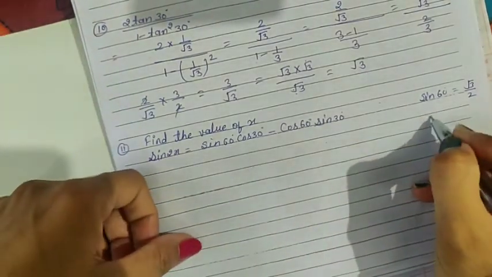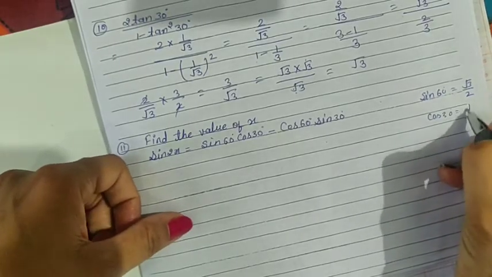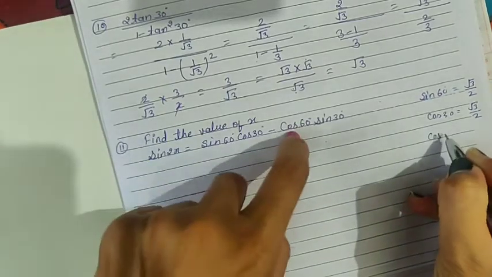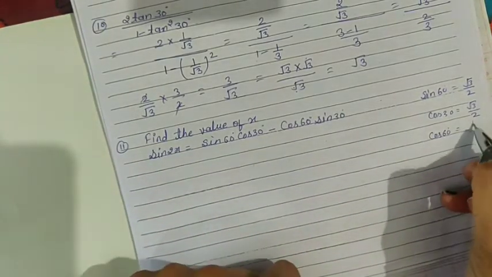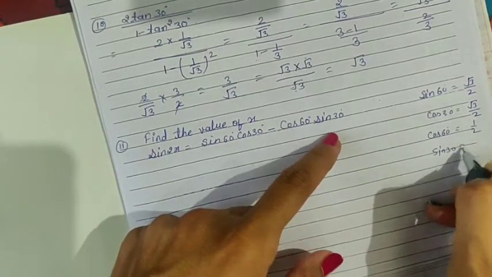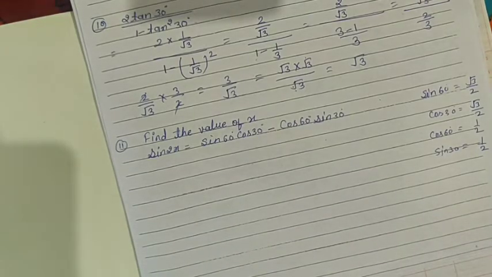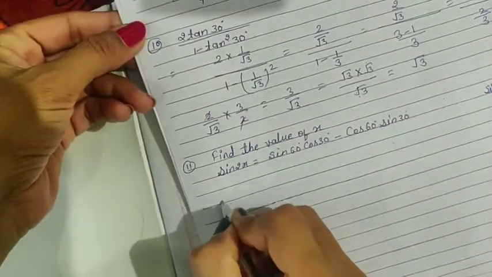Now value of cos 30. Students, we know that value of cos 30 is equals to value of sin 60. And now value of cos 60, that is equals to 1 by 2, and value of sin 30, that is equals to 1 by 2, because sin 30 is equals to cos 60 and cos 30 is equals to sin 60.